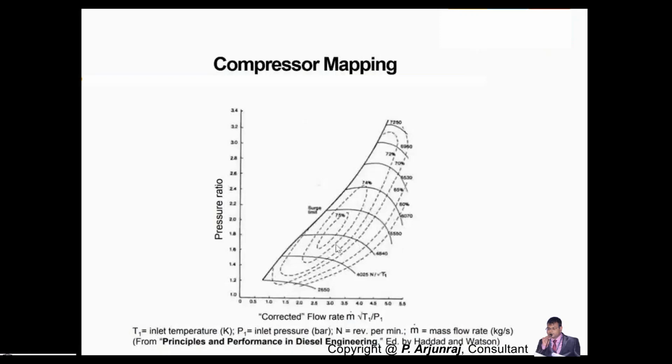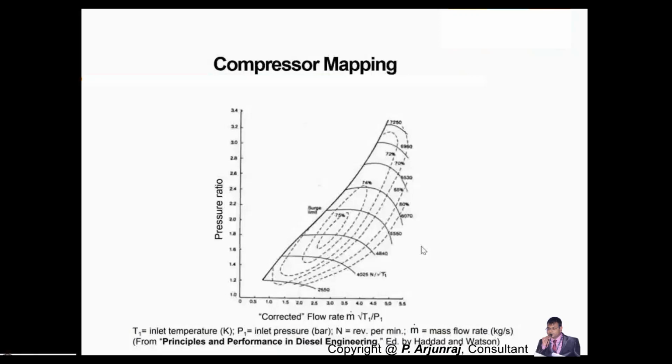perform. So you see here, suppose I selected 2 as the pressure ratio and 1.5 as the flow rate, then you need to select the value straight away above the surge limit, and you will select an efficiency close to 75%. You should not overload the compressor. Suppose you select an efficiency higher than what is required, then you are giving excess load.